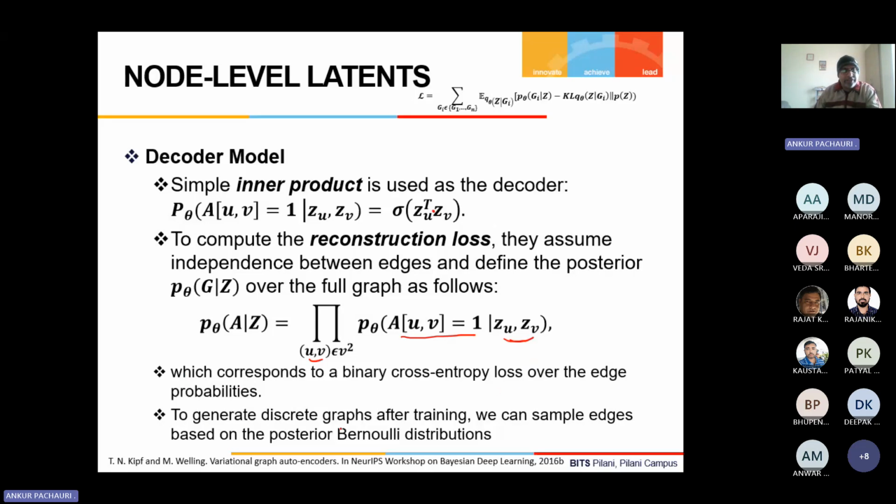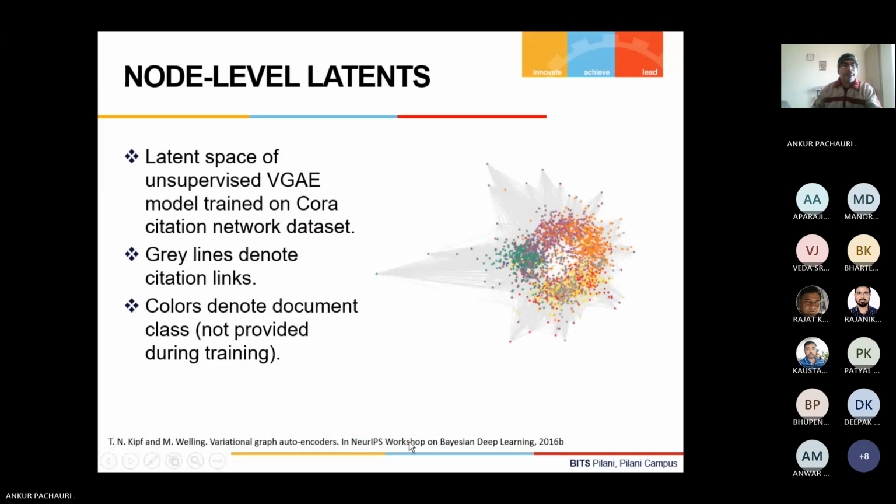To generate a discrete graph after training, we can simply sample the edges based on the posterior Bernoulli distribution, zeros and ones. This is the latent space of the unsupervised VGAE model trained on the Cora citation network. This is their output.